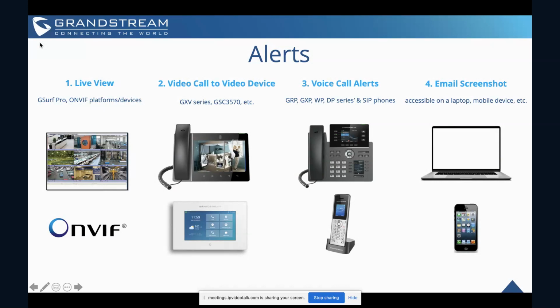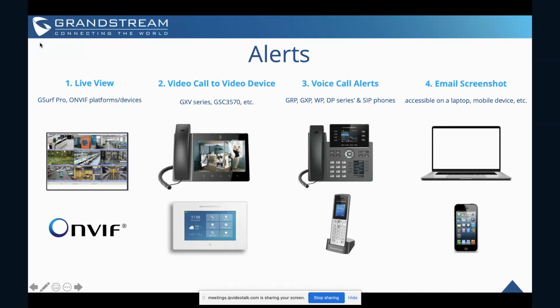So the different alerts and notifications: if a security event occurs, and motion detection is just the easiest example to give, or anything else that you have set, the camera will notify your monitoring and management platform, and that's the live view, if you will. Whatever is being used to monitor and record the live video, it will notify that, whether it's our own GSurf Pro platform, which I'll tell you about in a moment, or an ONVIF third-party platform, it will notify that interface that a security event or alarm has occurred on that camera.